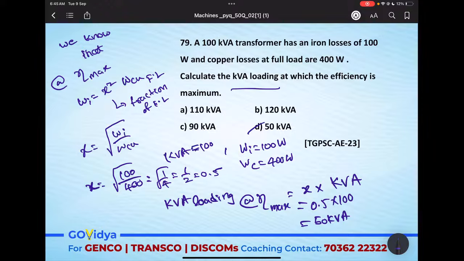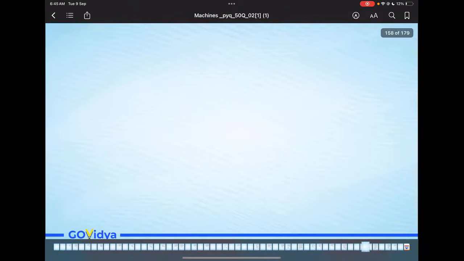X is the fraction of load at which maximum efficiency occurs. They are asking for kVA loading, which will be x into the given kVA of the transformer. From that we got option D. Let's move on to the next question.